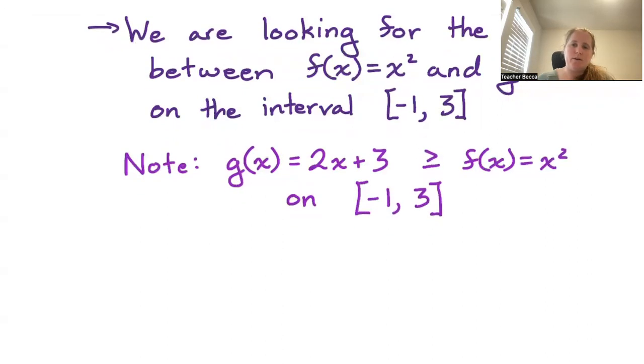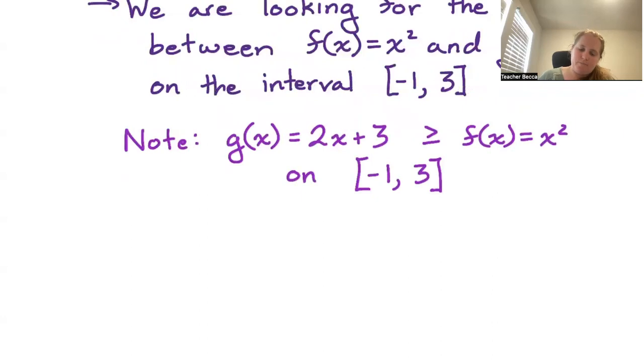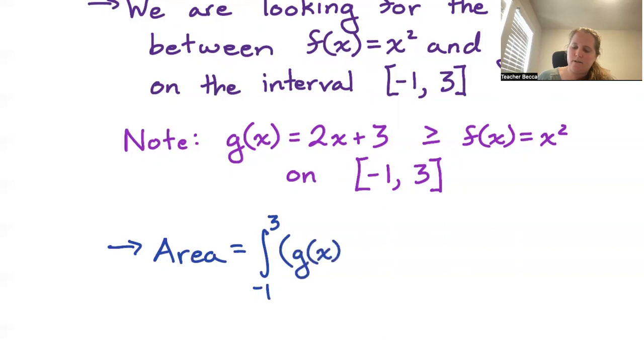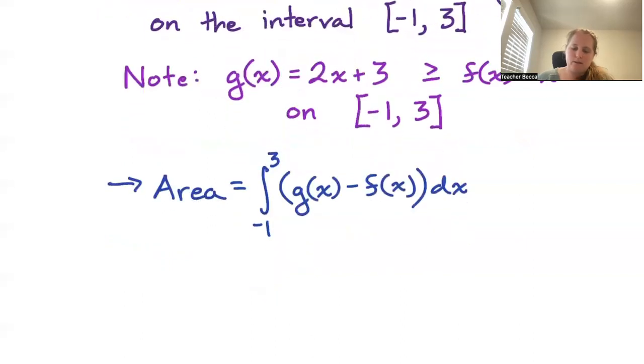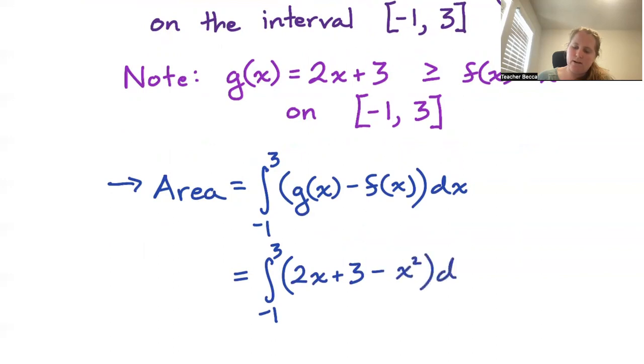So when we go to do our area, the area will be equal to the integral from -1 to 3 of g of x minus f of x dx. So we are looking at the integral from -1 to 3 of 2x plus 3 minus x squared dx.